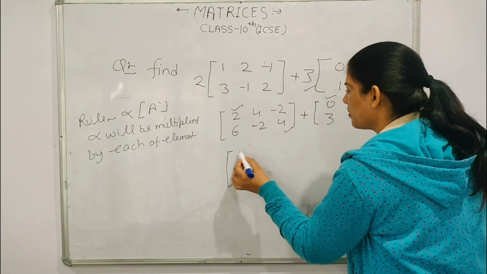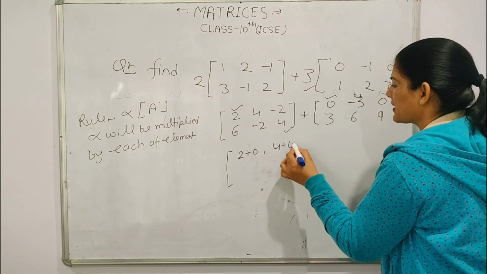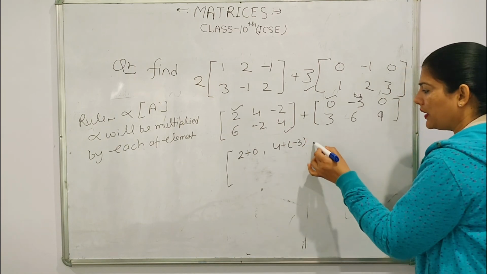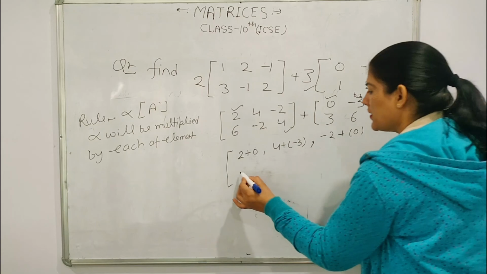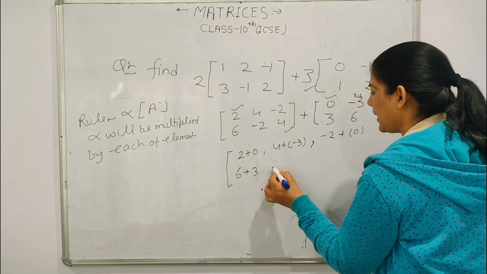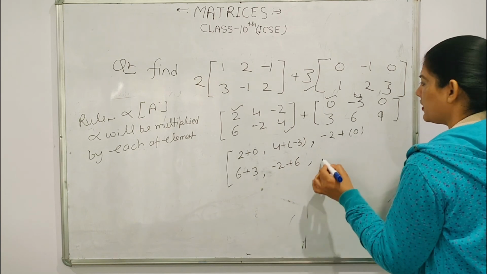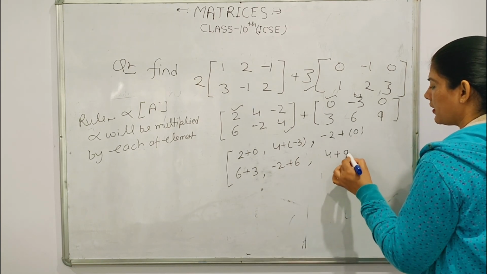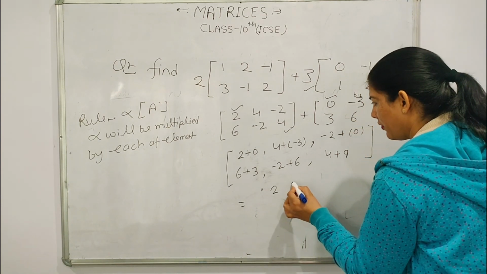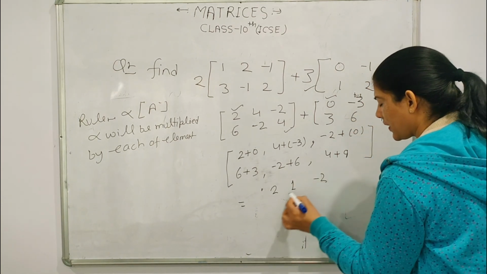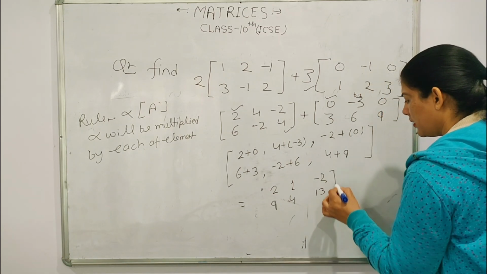So it is equal to 2 plus 0, 4 plus minus 3, with sign you have to write the element, minus 2 plus 0, 6 plus 3, minus 2 plus 6, and 4 plus 9. So the resultant is 2, 1, minus 2, 9, 4 and 13.